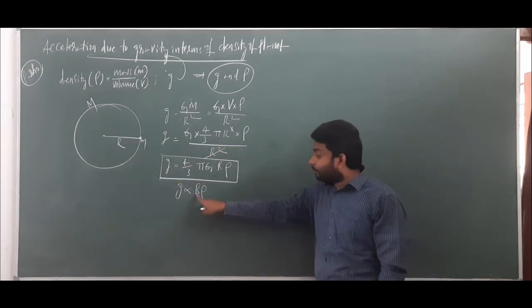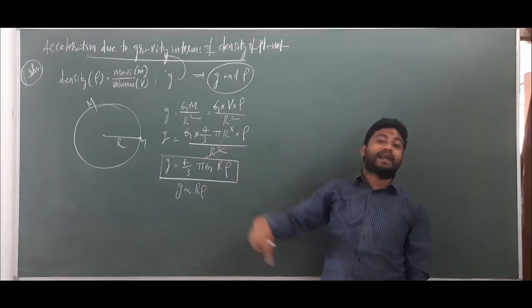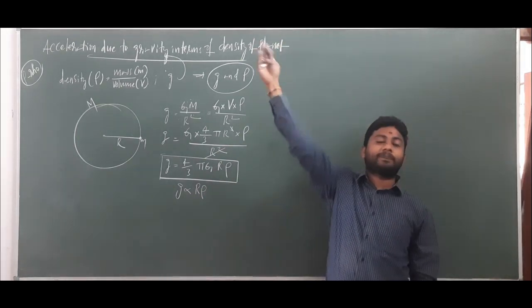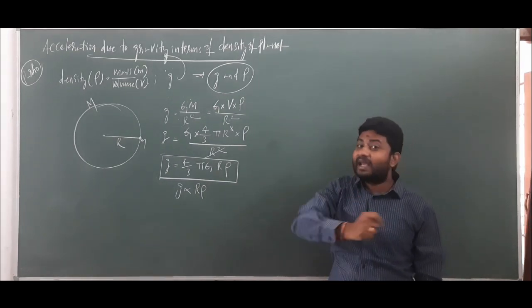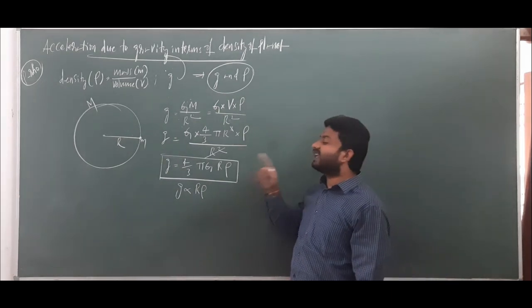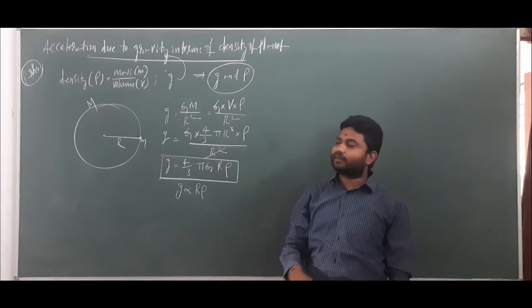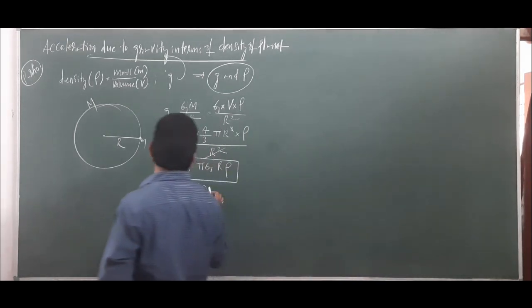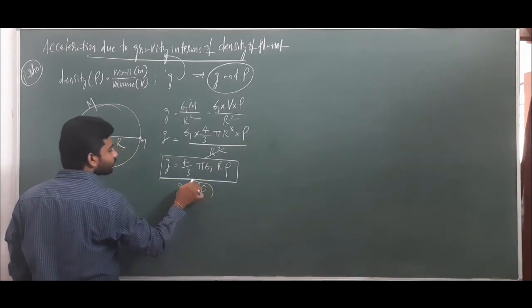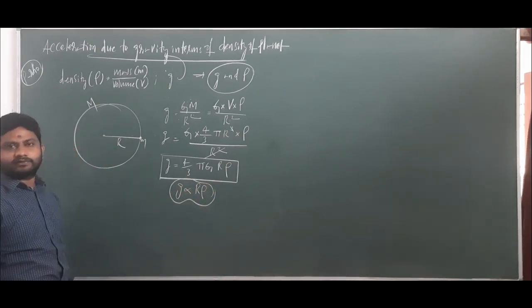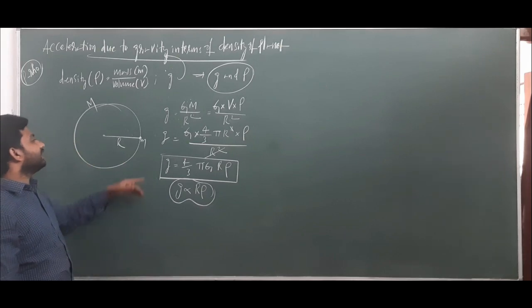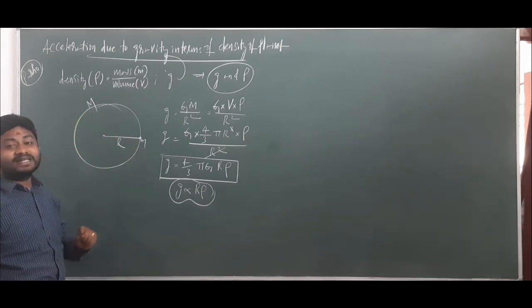Because the radius of the planet is different for each and every planet. You can take from Mercury to Neptune, any planet you take, its radius will be different, and its density also will be different. So that's the reason acceleration due to gravity is directly proportional to the product of the radius of the planet and the density of the planet when the body is kept on the surface.